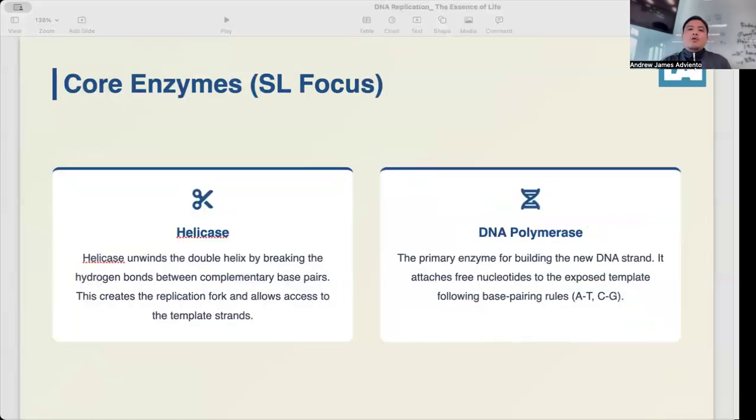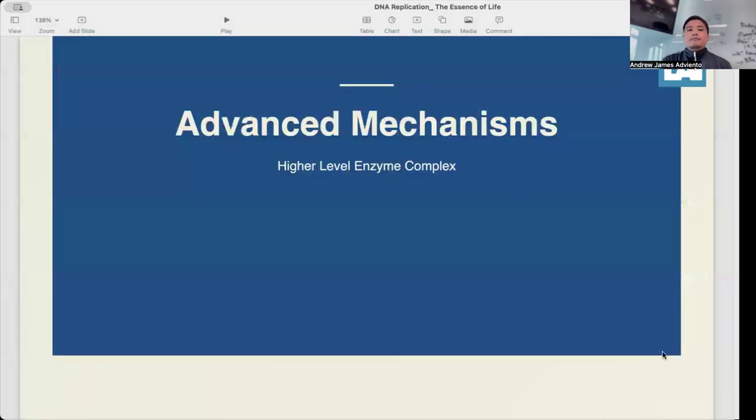Okay, so the core enzymes, they are like celebrities, but we have the best celebrities here, two best celebrities. And I think I mentioned already the helicase and then the DNA polymerase. For the advanced mechanism, the process is a bit more complicated than just unzip and build, because the two strands of DNA are anti-parallel.